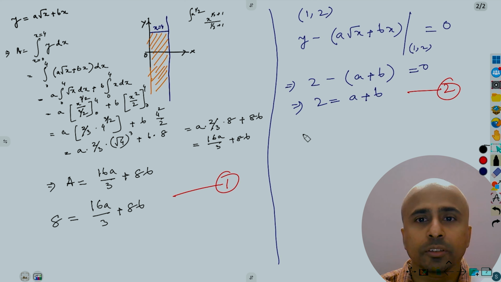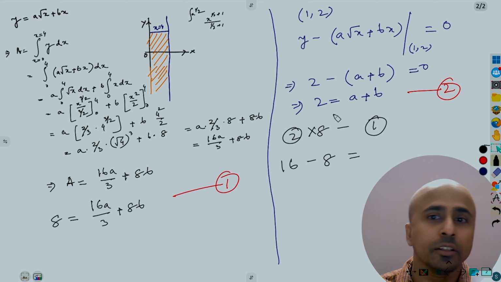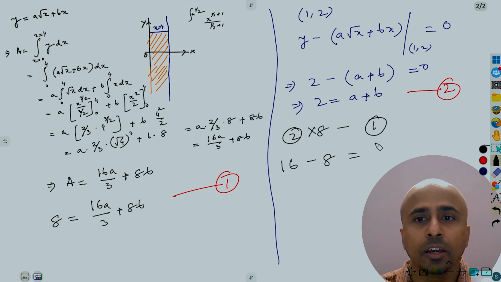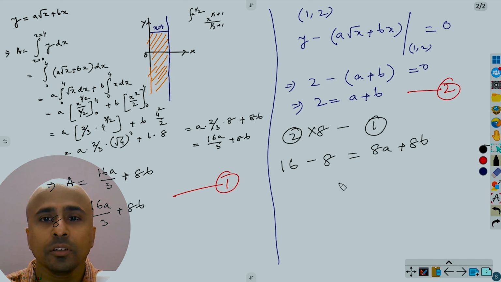So what we are going to do is multiply equation 2 by 8: 2 times 8 minus 1. This gives 16 minus 8 on the left hand side, and on the right hand side we have 8a plus 8b minus 16a by 3 minus 8b.